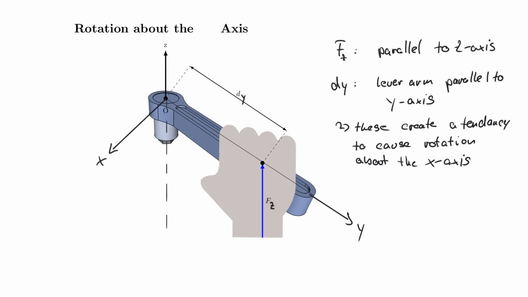And that means that up here I need to add my headline x-axis. And this is important to understand: now I have MO about the x-axis being equal to Fz times dy.